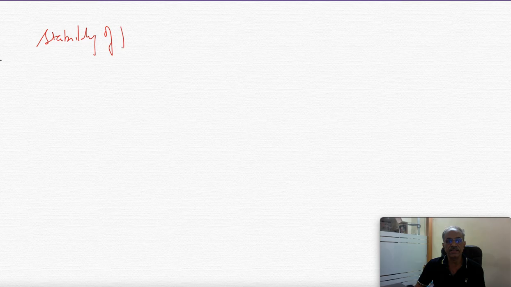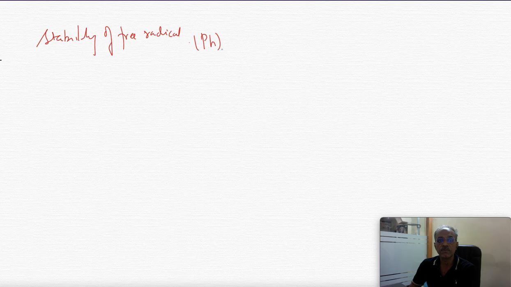Now we have to see the stability of free radical. Right? Stability of free radical is nothing else but tertiary will be more stable than secondary, because obviously it has one single electron.